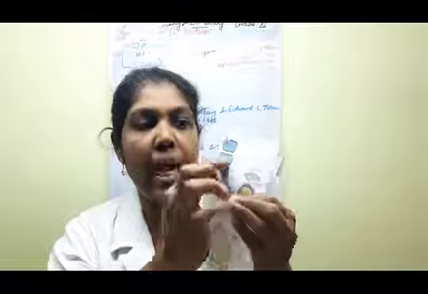Then a small constriction forms in the cell. Finally it divides into two daughter cells. Understood? First the nuclear material divides, followed by the formation of a small constriction in the cell and the separation of the two cells. Clear? This is called the asexual method of binary fission in a bacterial cell.